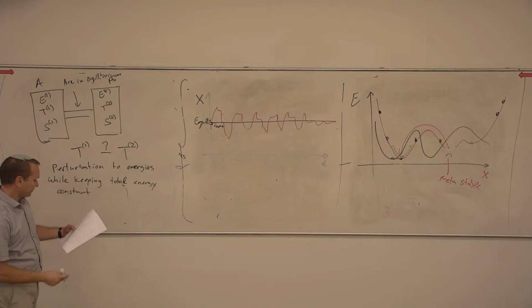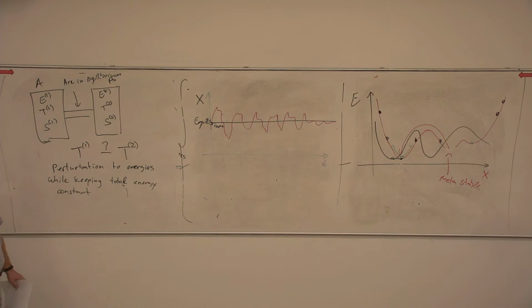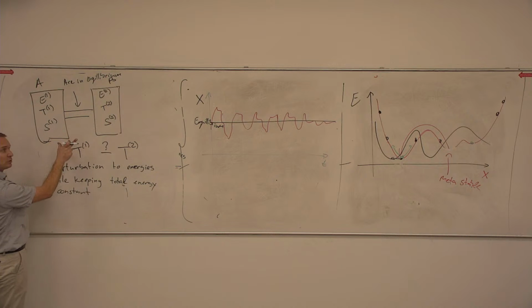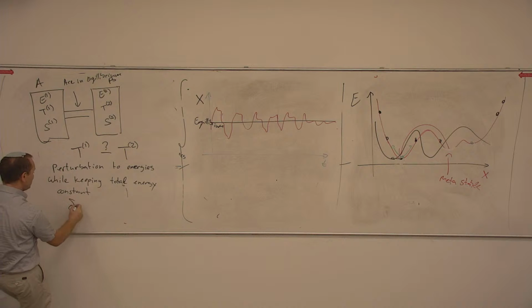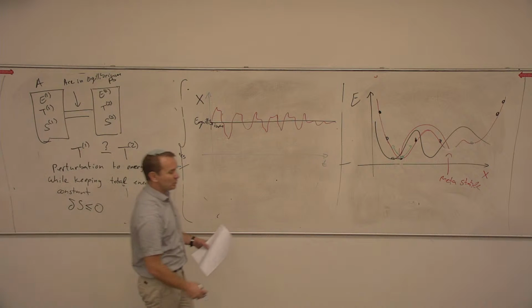Okay. Now I know that because the system is in an equilibrium state, no matter what I do internally, because in equilibrium the system was at maximal entropy, my perturbation caused a slight change in the total entropy of the system, right?